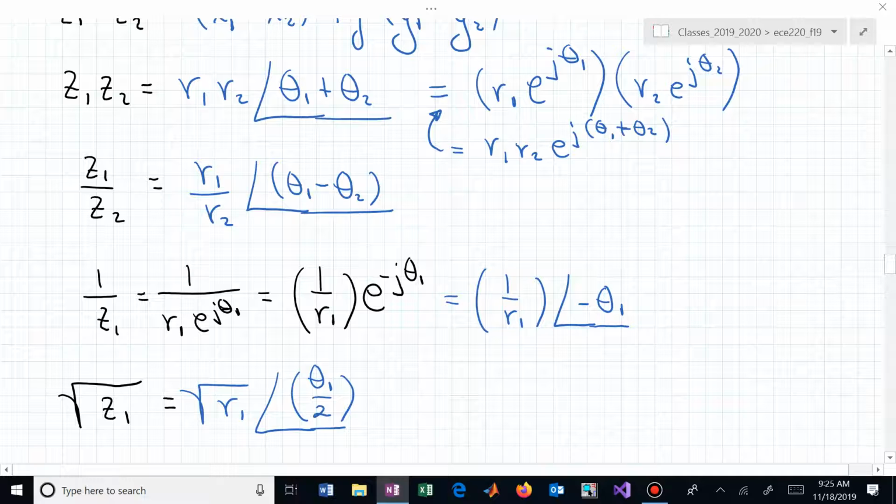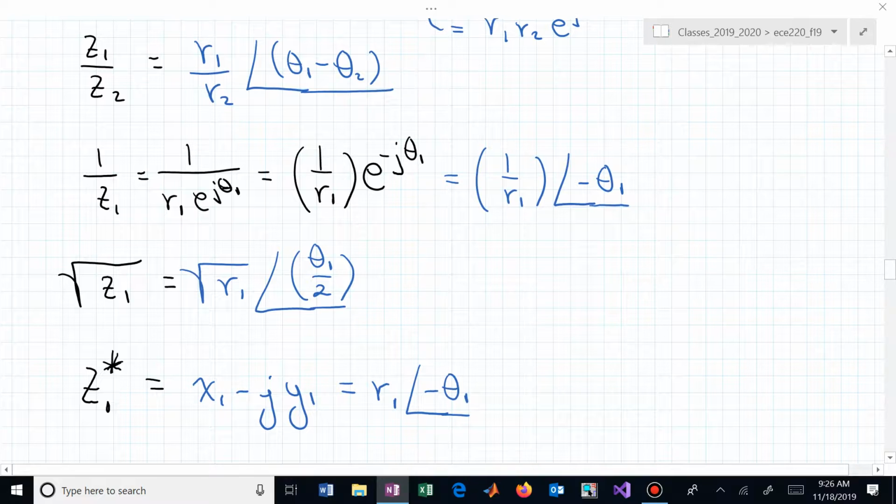So if you need to take the square root of some complex number, it's not that intimidating of an idea. They could give you some complex number in rectangular form, and you might convert it to polar form, and then it's fairly easy to extract the square root.